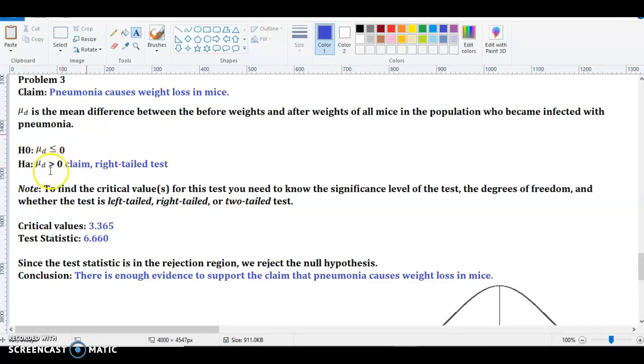The claim in the problem is represented by the alternative hypothesis. Therefore there appears to be enough evidence to support the claim that pneumonia causes weight loss in mice, and the claim is summarized symbolically in the alternative hypothesis.